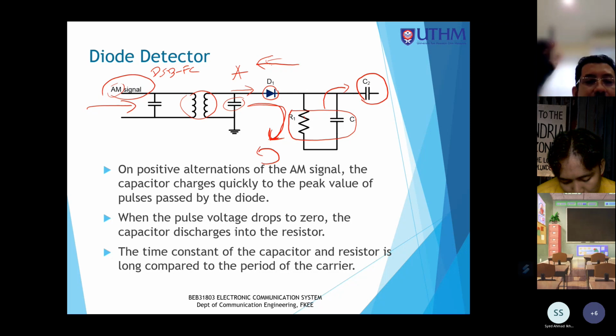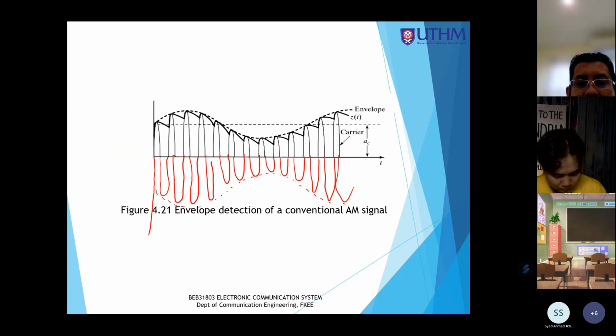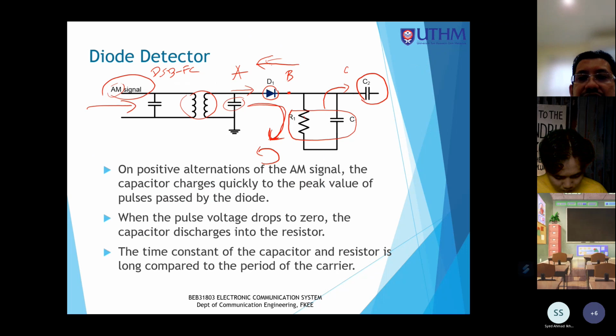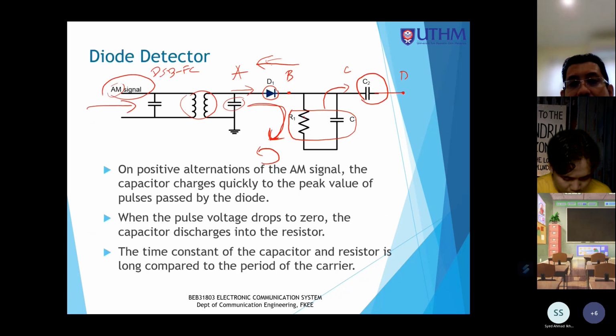Okay, and then what? Pada point B, what happened at point B? So let's say we use a point B, and then we have point C, for point B ataupun point C di sini. So point B atau point C je. Okay, so point B, point C, dan katalah kita ada point D, for example. Okay, so what happened? So at point B, okay, pada point B, signal itu telah melalui diode. So diode only allows current to flow in one direction only, and it will switch off during the reverse bias.